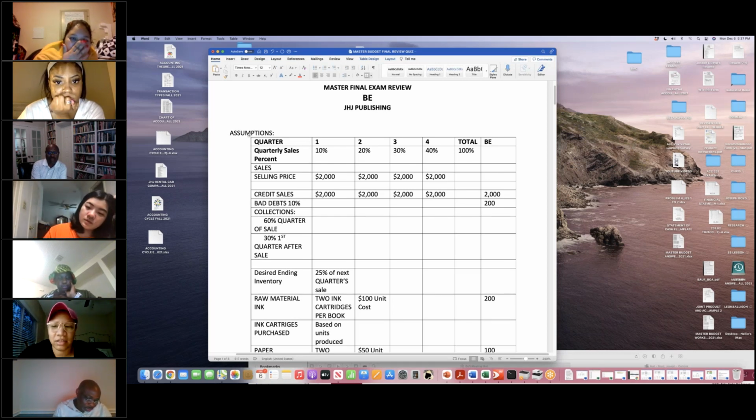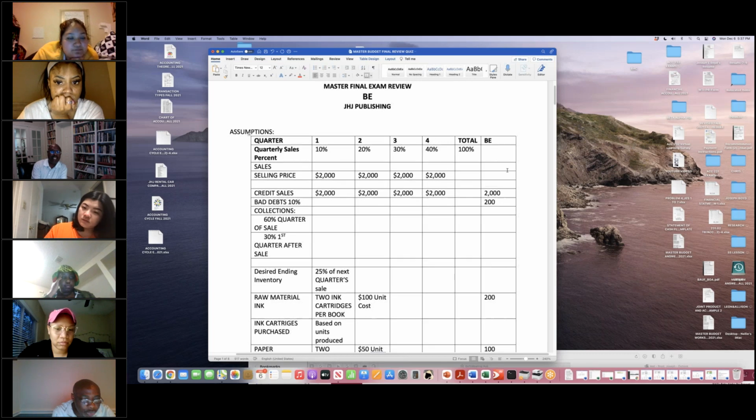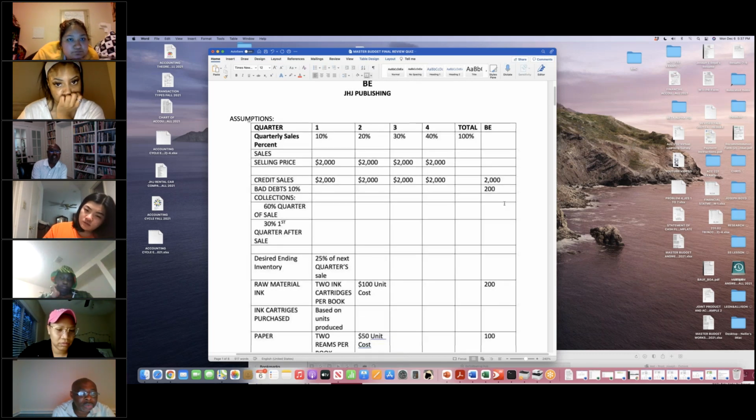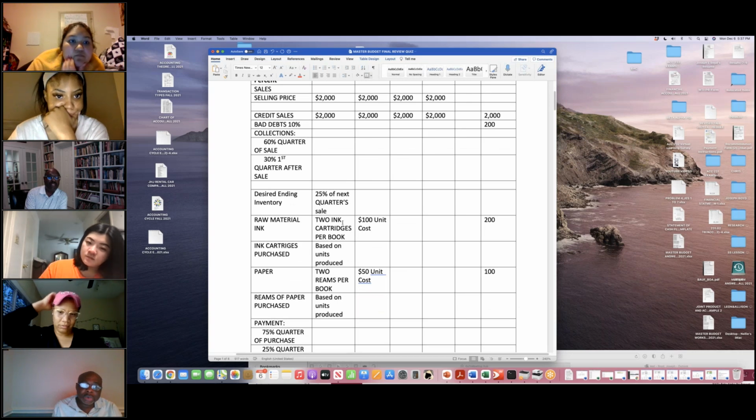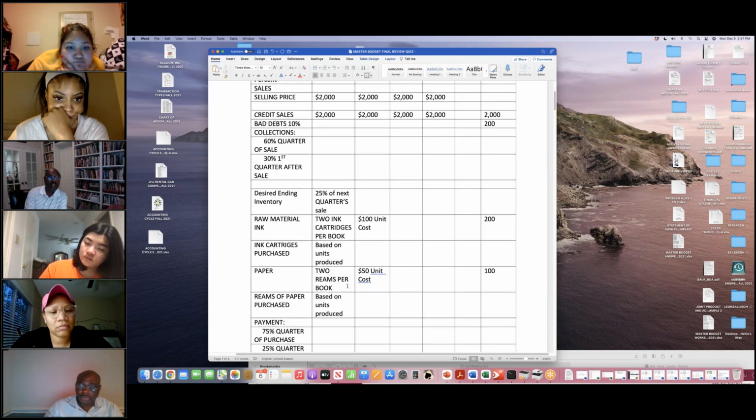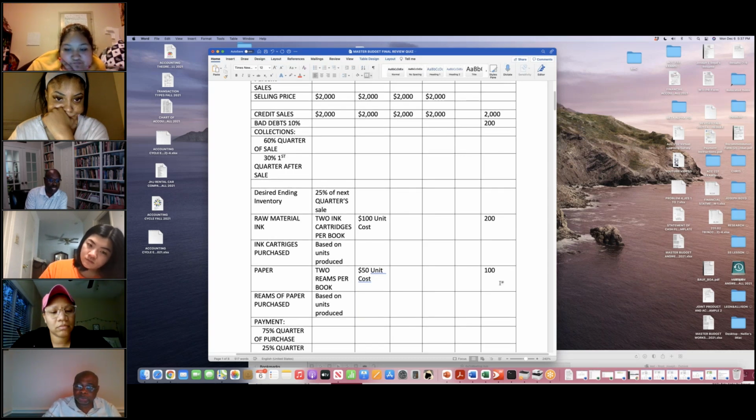So we have this break even column where we put in what was relevant to calculate break even. We said credit sales 2,000, bad debt, because it's 10%, would be 200. The raw materials, 2 ink cartridges at 200. Paper, 2 reams at $50 each, 100.